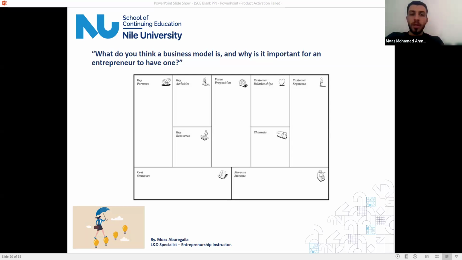Okay, so the BMC will help you better understand the entire business ecosystem and how the components fit together.